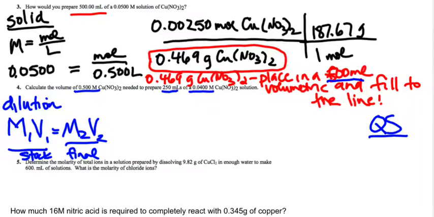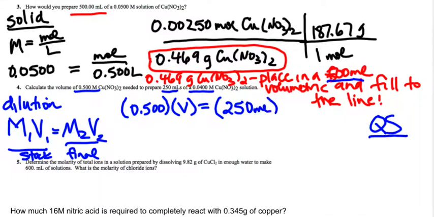So M1V1 from my stock, I know I have a 0.500. Do I know how much stock I need? No, I'm calculating that volume. I need to prepare a total of 250 mils of 0.04 molar. Now, I know I didn't put them in the right spot, but you guys can figure it out. Why is it okay that I use 250 mils and not liters?